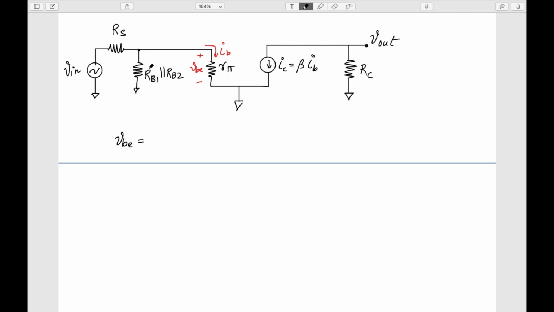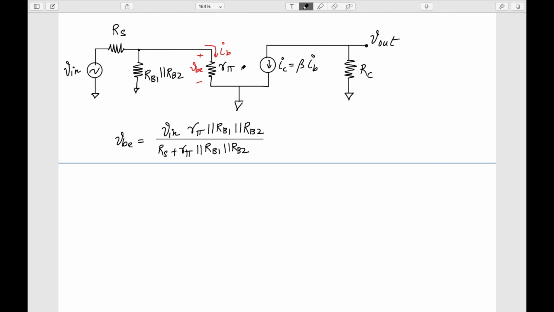The current flowing through this whole network is V in by Rs plus R pi parallel RB1 parallel RB2, and if I multiply it with RB1 parallel RB2 parallel R pi, I will get the voltage VBE.